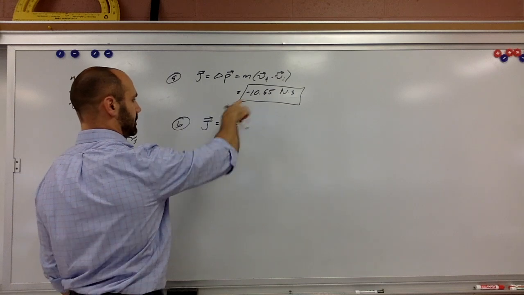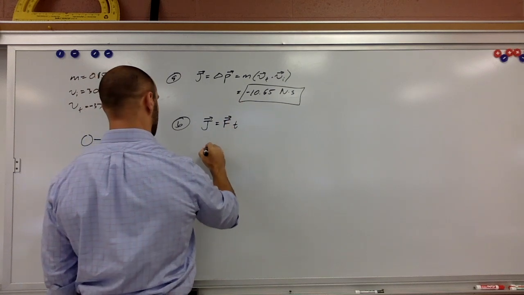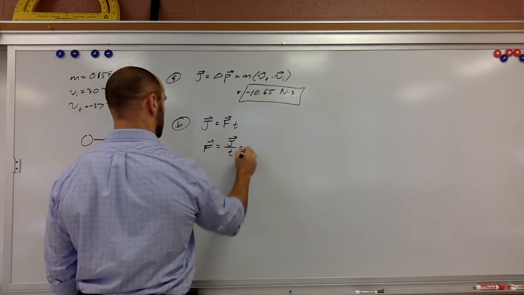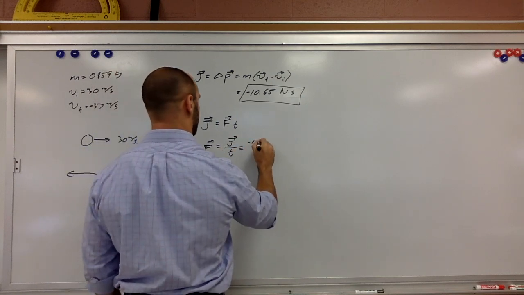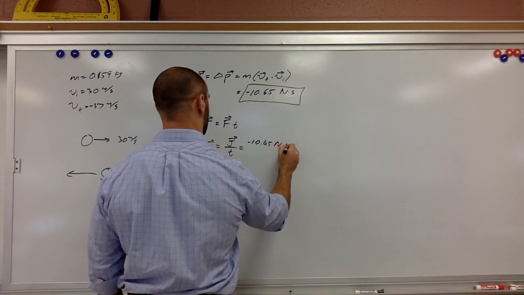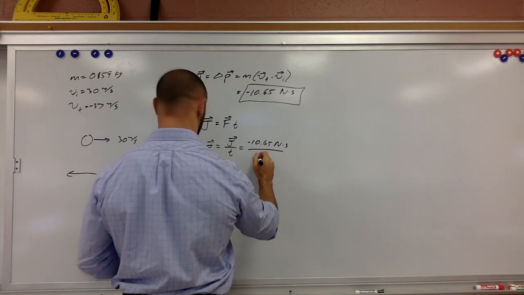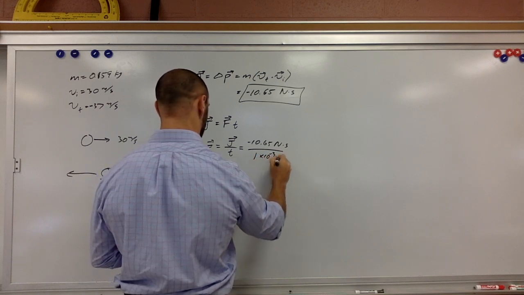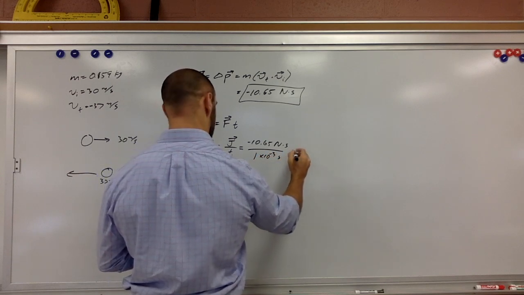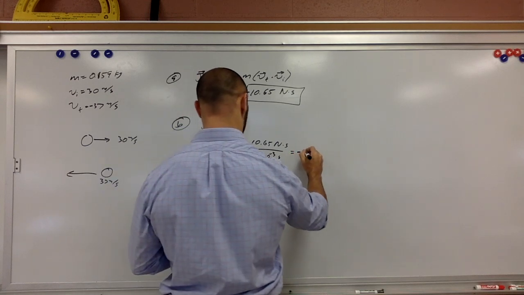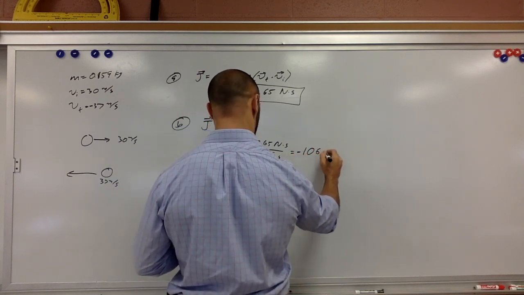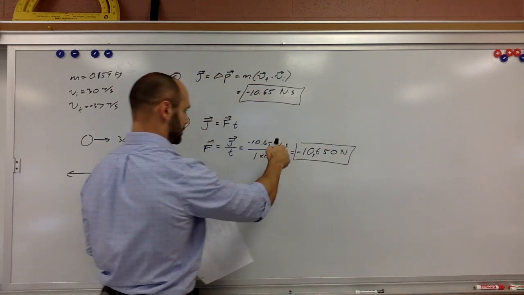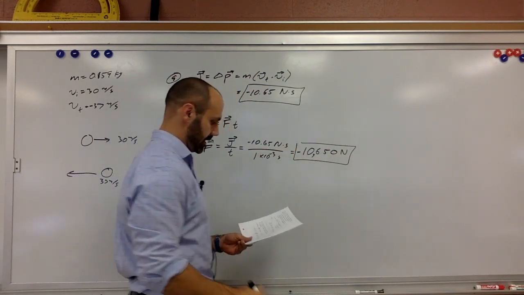We know J from this, and we know the time was just given to us. So the force is the impulse divided by the time: negative 10.65 Newton seconds over 1 millisecond, so 1 times 10 to the negative third seconds. That gives us negative 10,650 newtons. You can see the units, the seconds cancel out, and we're left with that.